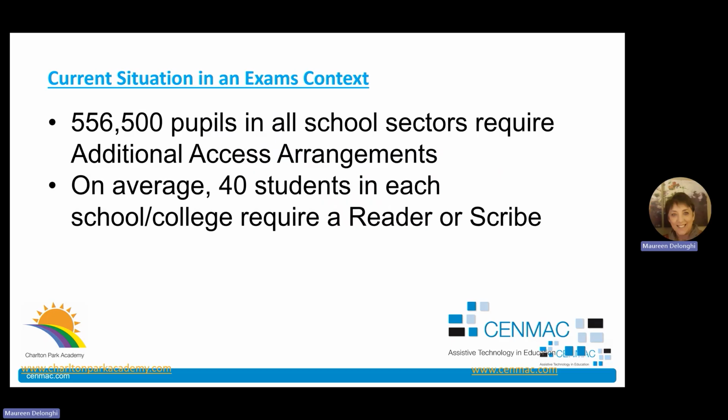Of that, on average, so bearing in mind this takes into account very small primary schools all the way through to very large academies, on average 40 students in each school require a reader or a scribe.